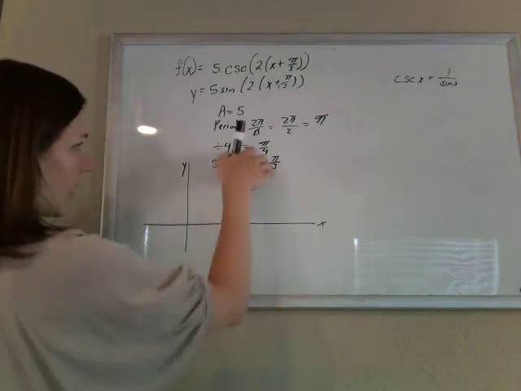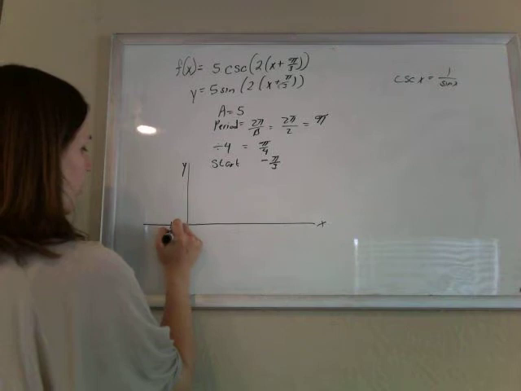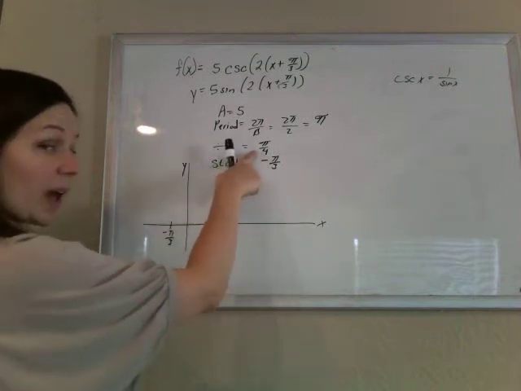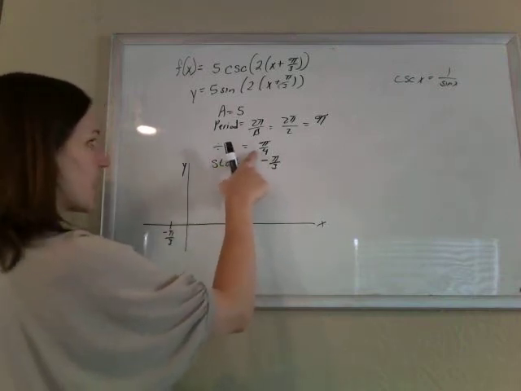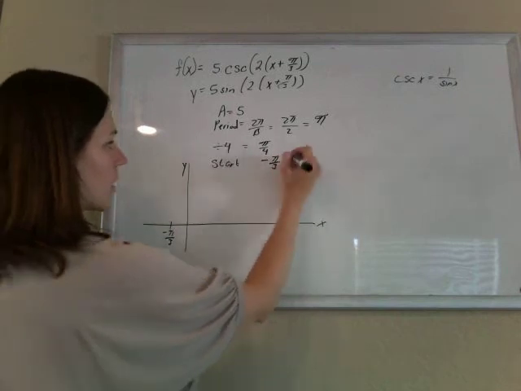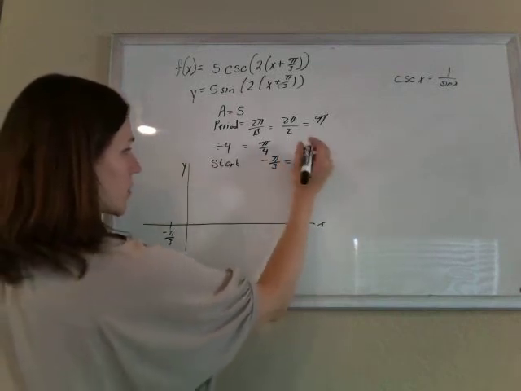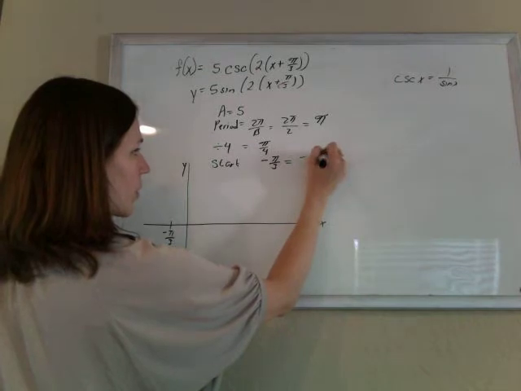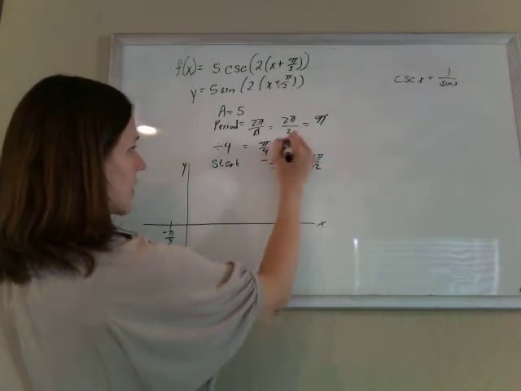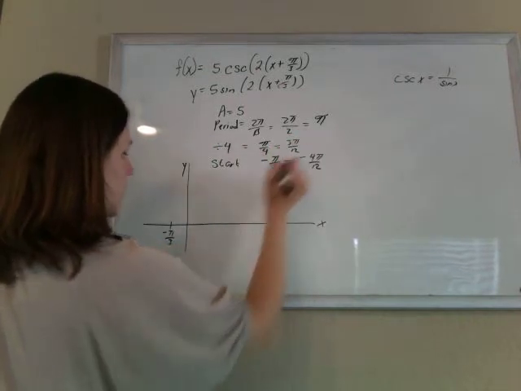So if I start at negative pi thirds, and I have to keep adding pi fourths, I want to get a common denominator. So common denominator of 12, so this is negative 4 pi twelfths, and this is 3 pi twelfths.